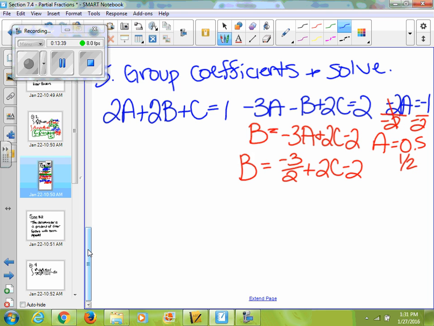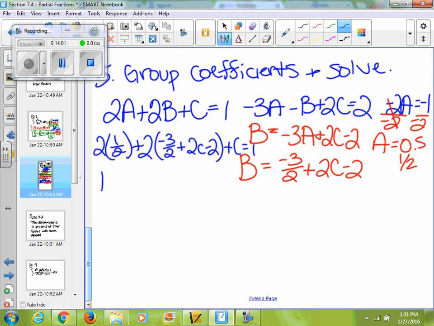And I'm going to plug both of those into my first equation to solve for c. So a was 1/2. B, we just said, is negative 3/2 plus 2c minus 2, plus c equals 1.